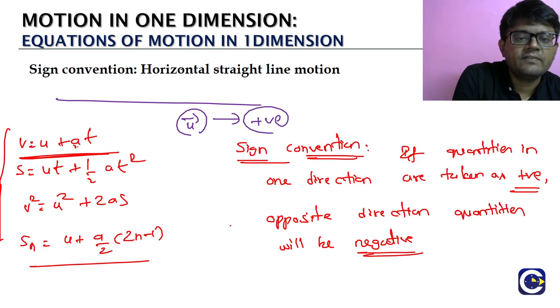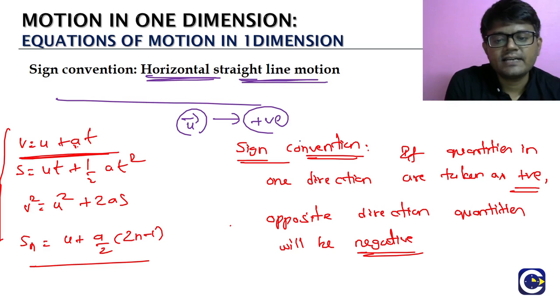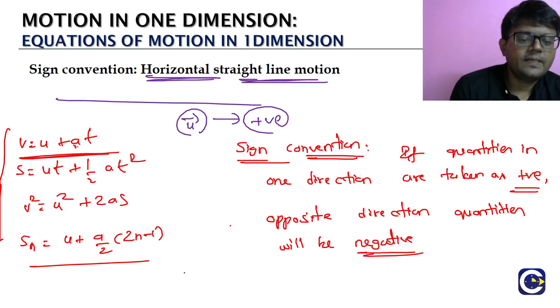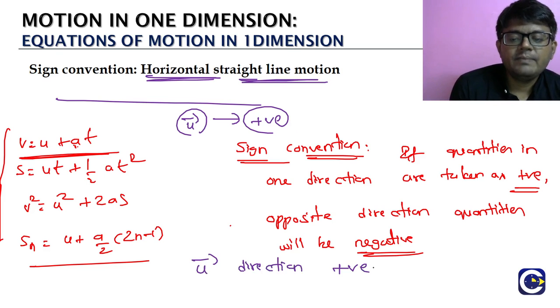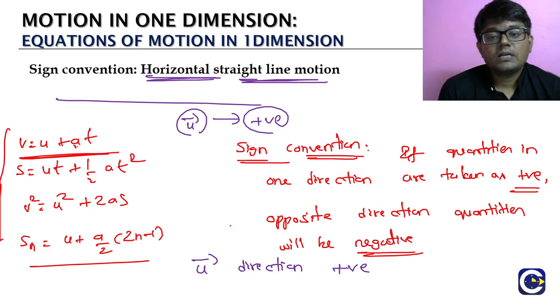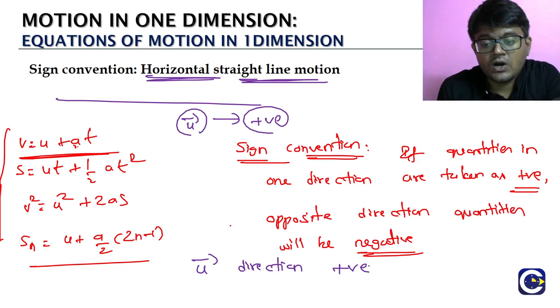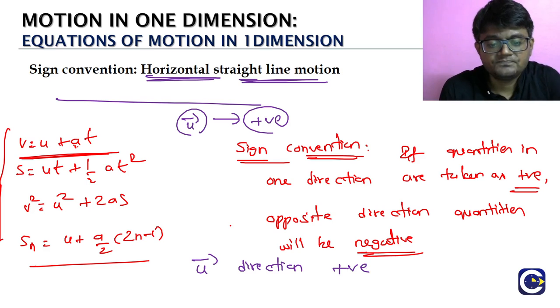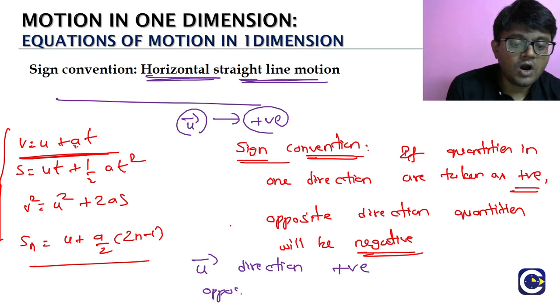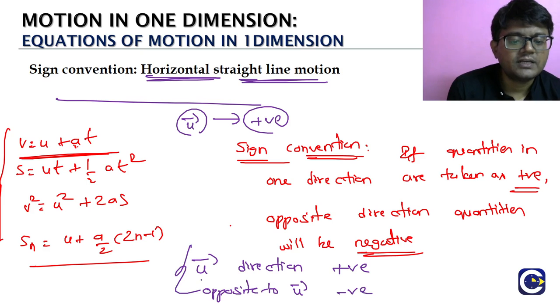So what is the sign convention in the case of horizontal straight line motion? The u bar direction, whatever the initial velocity direction is, will be taken as positive. All the quantities in that particular direction will be taken as positive. And the direction opposite to u bar will be taken as negative.